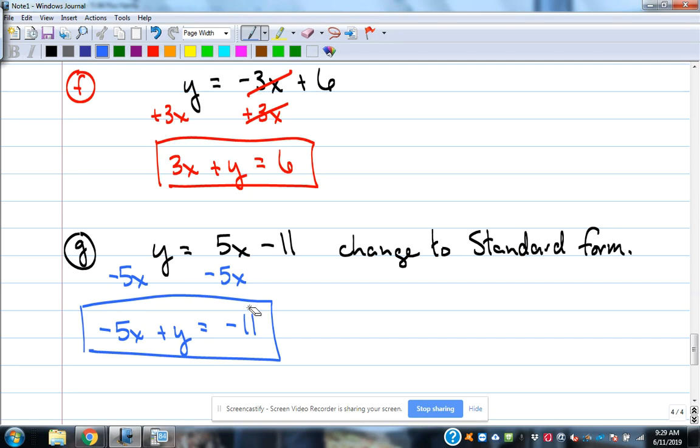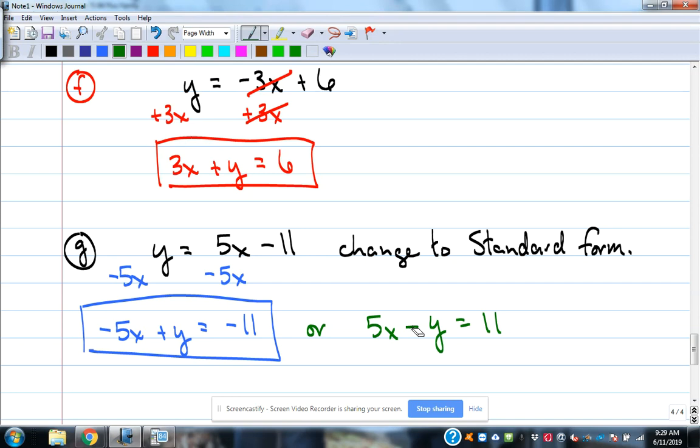One thing that I will caution you about is that you could also have the equation 5x minus y equals 11. What's the relationship between the blue one and the green one here? What's changed?